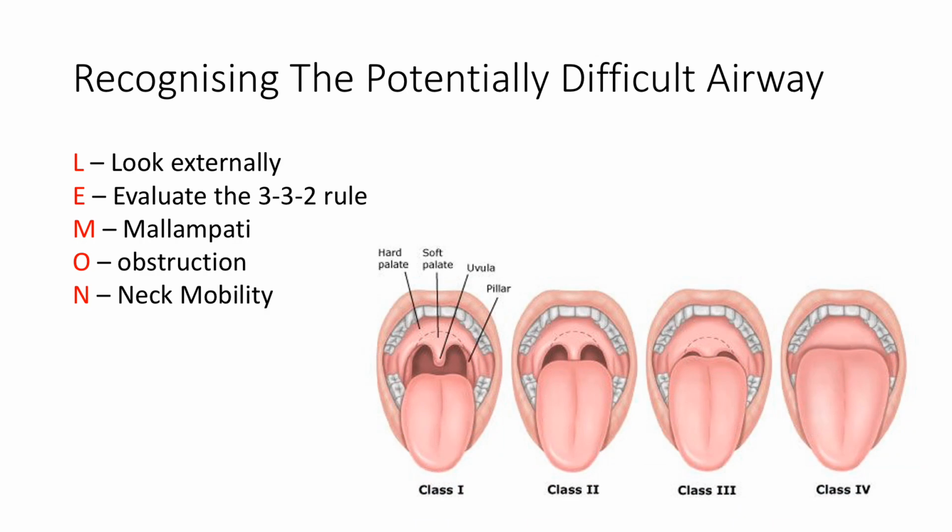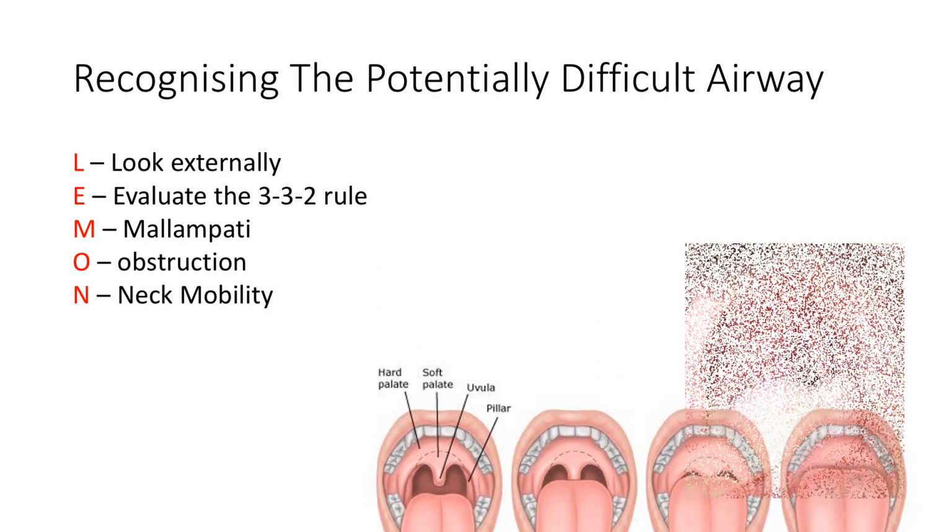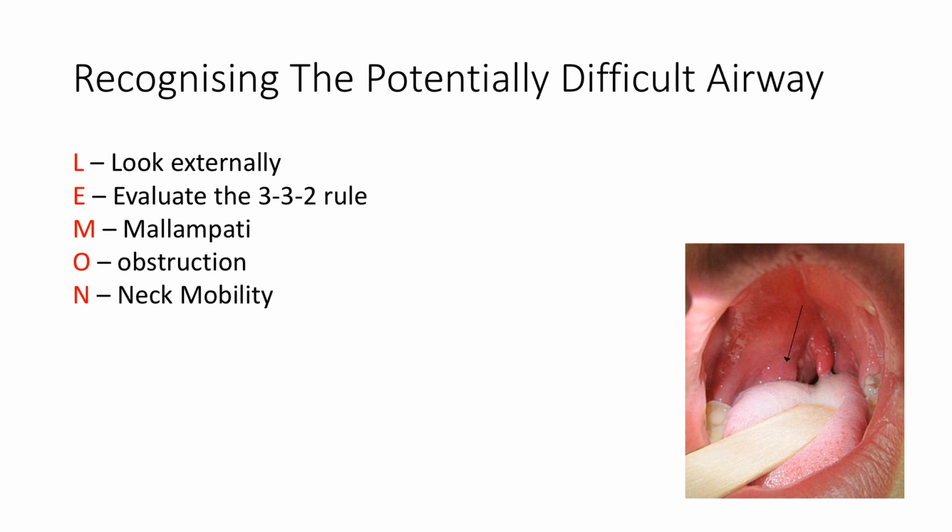Mallampati score is essentially a grading of how much of the uvula can you see with the mouth wide open. If you ever wondered what purpose your uvula actually served, well, it's for grading your difficult airway. So the less you can see, the higher the class and the more tricky things might be.